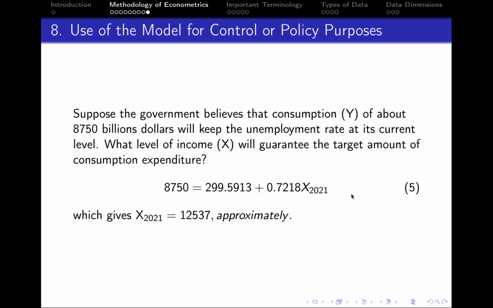Again, we can use the equation, but this time the value that we have is the value of consumption Y. So we put it on the left side, and given this equation, we can estimate the value of X, and we predict that income should be around 12,539. So this income will guarantee the current level of the unemployment rate.